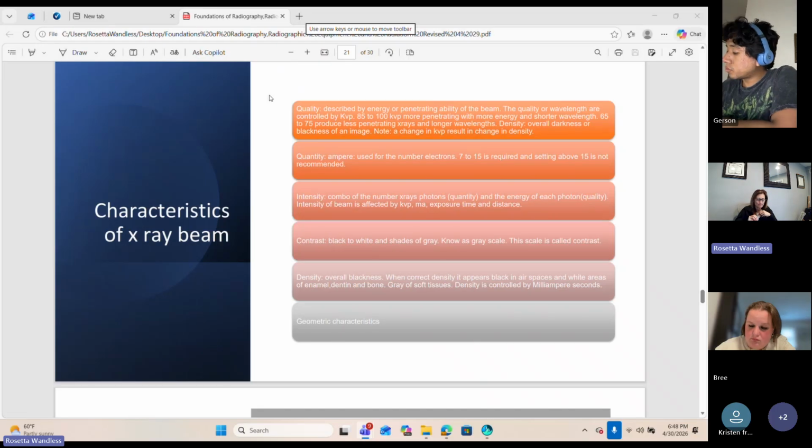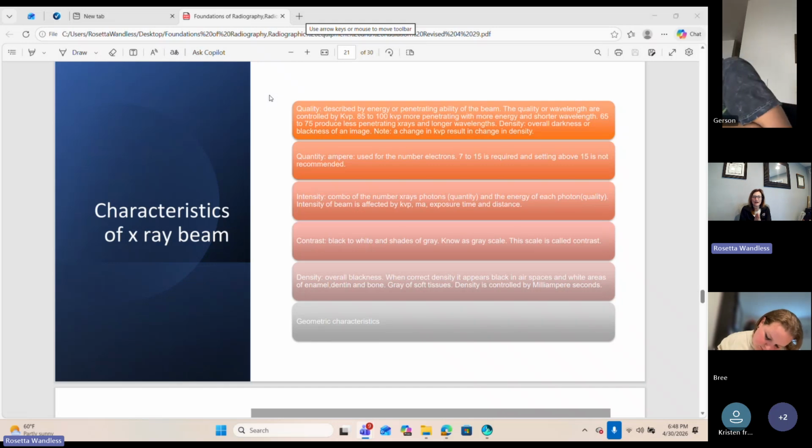Well, what does that mean? When we talk about quality of an X-ray beam, that means we want the best, cleanest form of that X-ray beam that we get out.